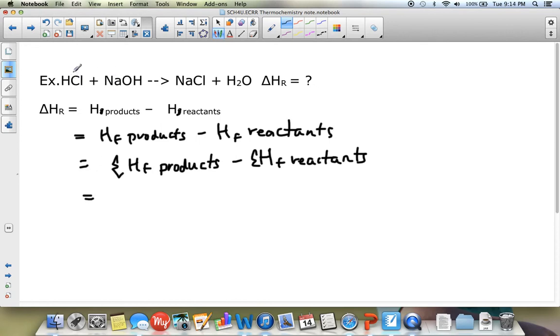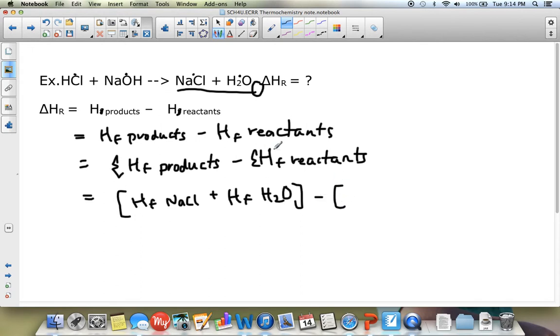So we look up here, we check to see if anything's in its elemental state. Nope, nope, nope, nope. So then, in brackets, now we're looking at our products. So heat of formation of NaCl plus the heat of formation of H2O, and we should have a state here because it does matter, but we don't, minus the heat of formation of your reactants.